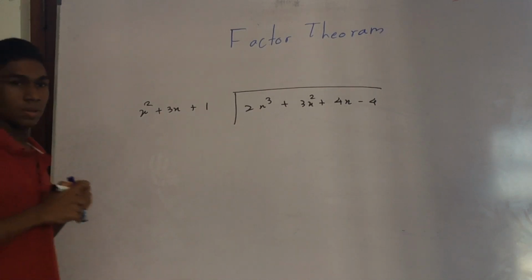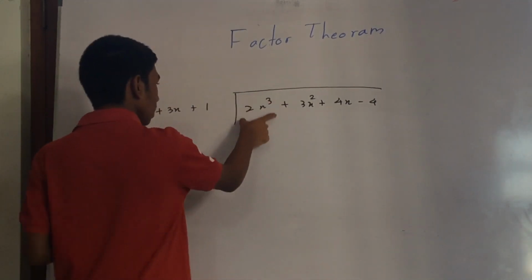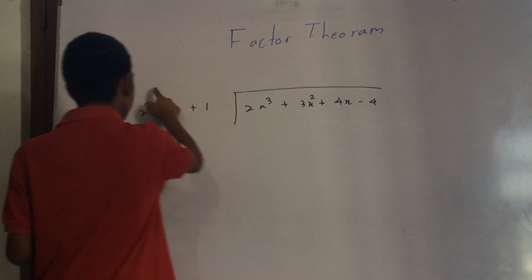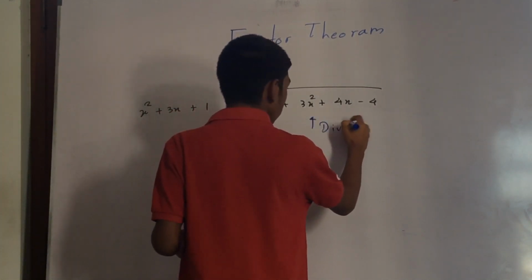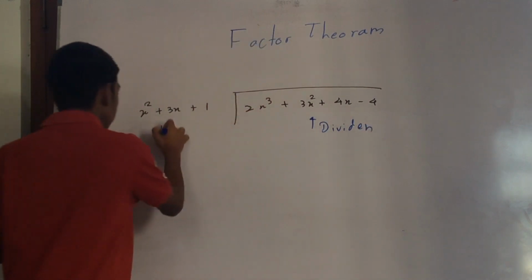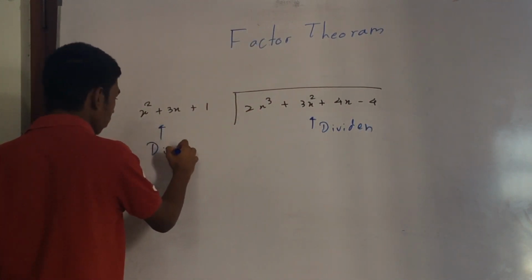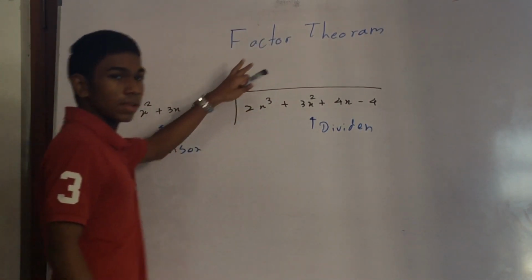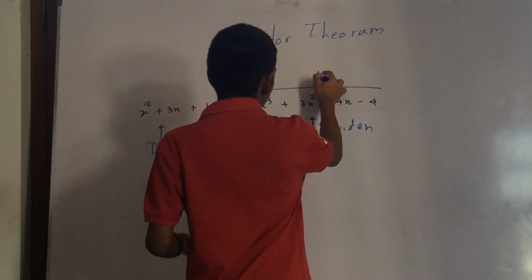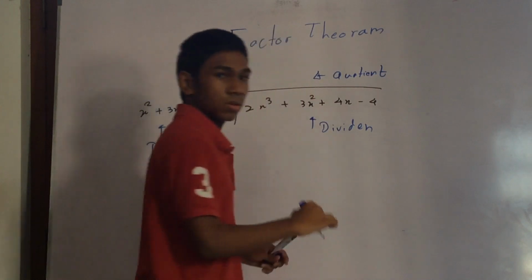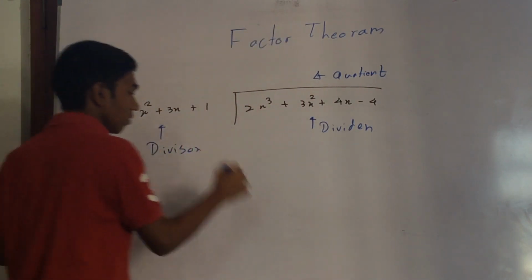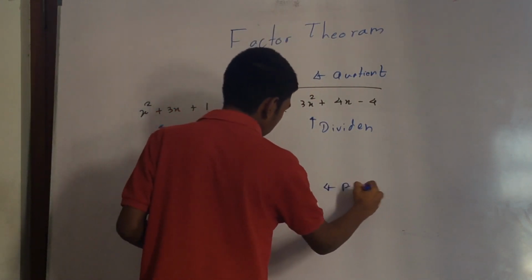We compare the first term of this by the first term of this. Normally we call this the dividend. This is known as the divisor. Whatever value we get here, we call it the quotient. And if there's a remainder, it will be the remainder.